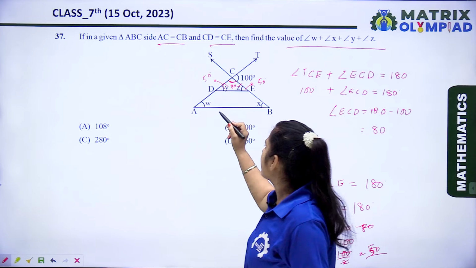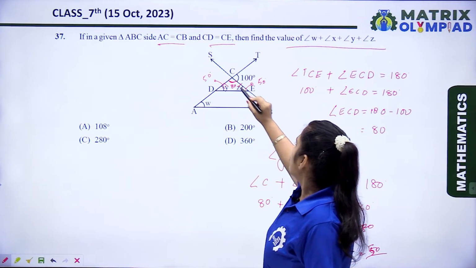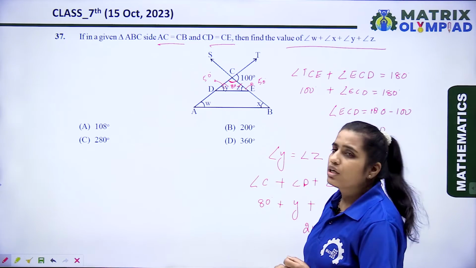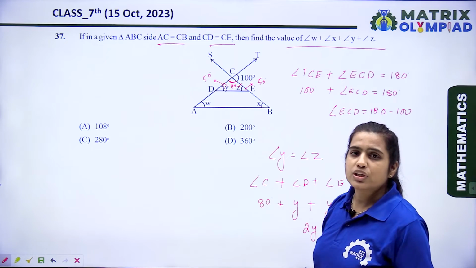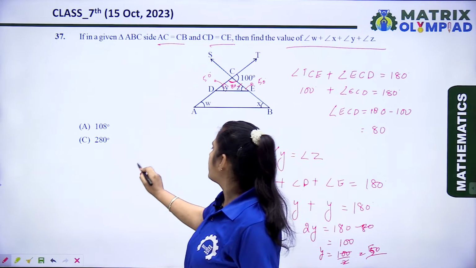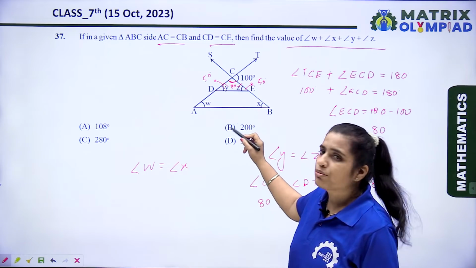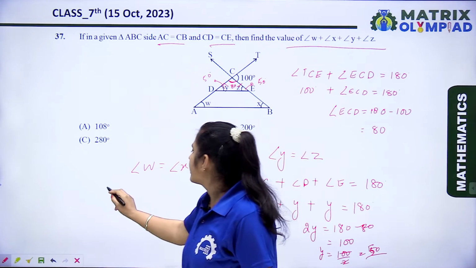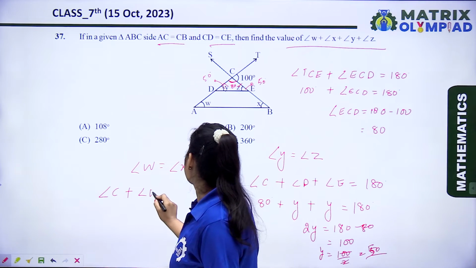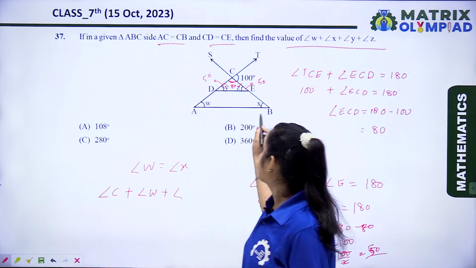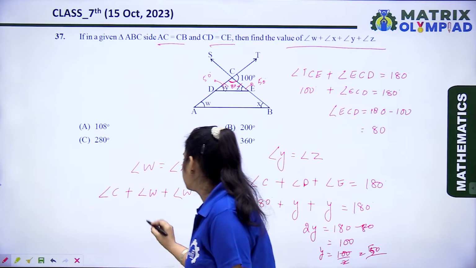Now let's move on to the W and X angles. So here AC is equal to CB. So here also we have an isosceles triangle ABC, and due to this the base angles will also be equal. So here angle W is equal to angle X. The same angle sum property we are going to use. We know that angle C is 80 degree and here we have angle W plus angle X. In place of angle X we are going to write W, as both angles are equal.